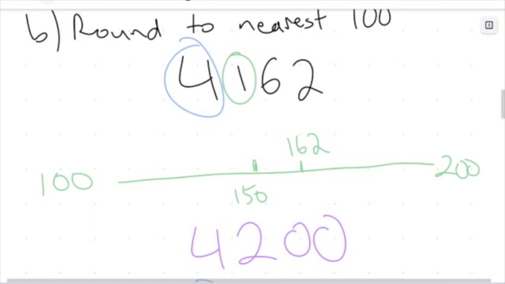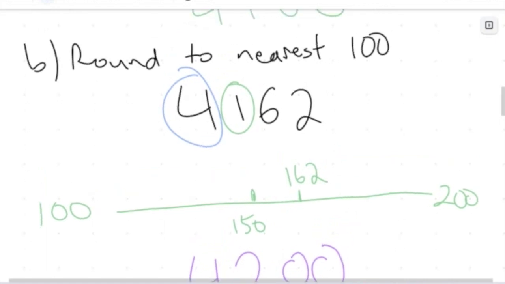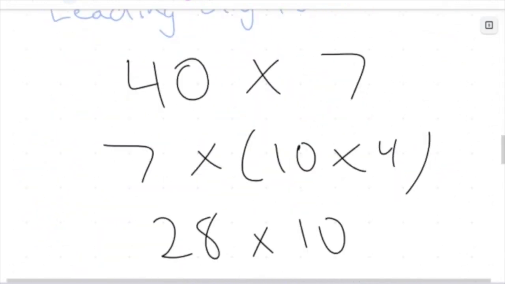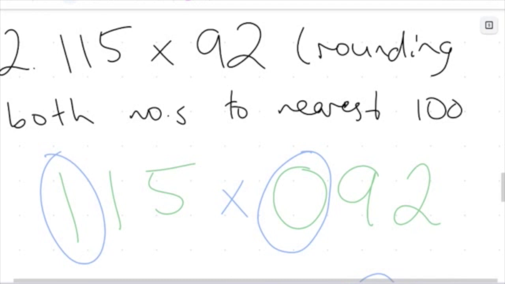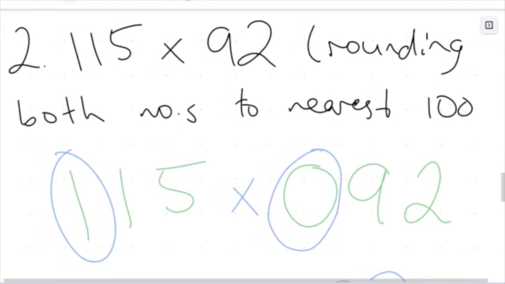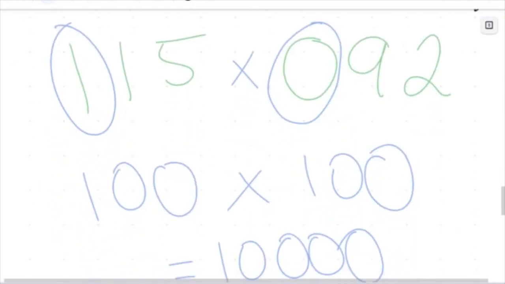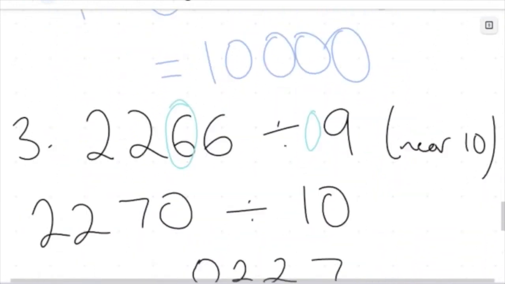It's close-ish to 2,400 when we round to the nearest hundred. And now when we actually compute these, when we do our operations, we can round both of our numbers to a certain degree of accuracy that we choose. And then from there, we can just say, what does this roughly end up being? 115 times 92, when you round both numbers to the nearest hundred, that just gives us roughly 10,000.